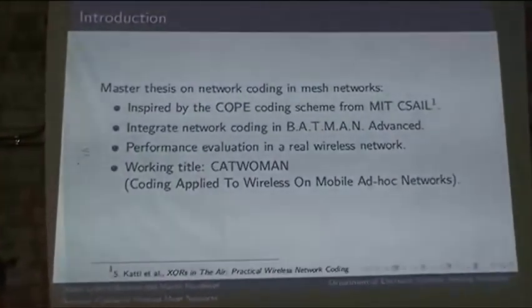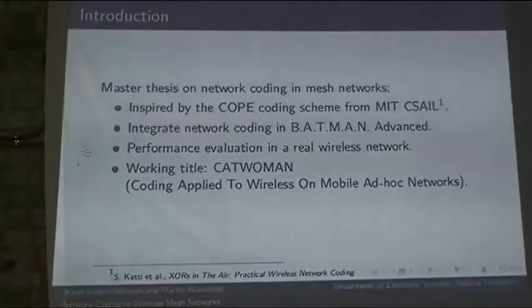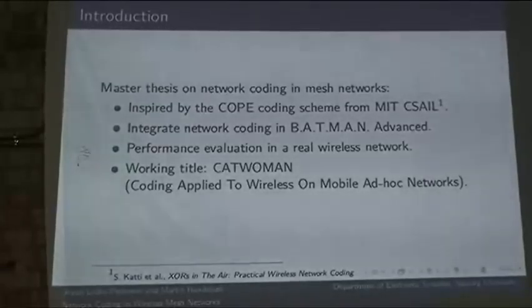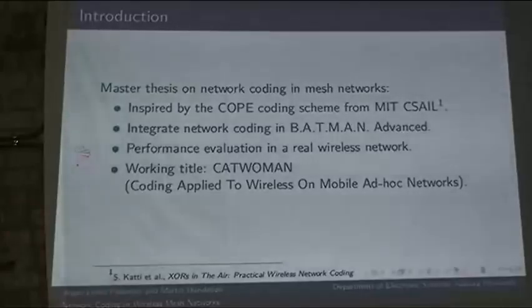Martin and I are currently working on a master thesis about network coding in mesh networks, and we started out just a bit inspired by something called CODE, which is a project from the MIT Computer Science and AI Lab. We think we can avoid some of the overhead of this CODE project by having a closer integration with the routing protocol we were able to use.